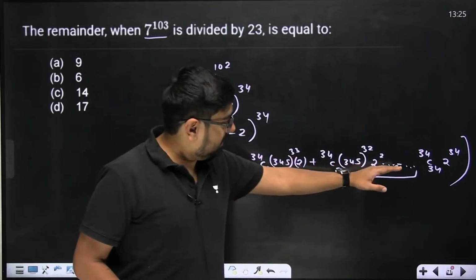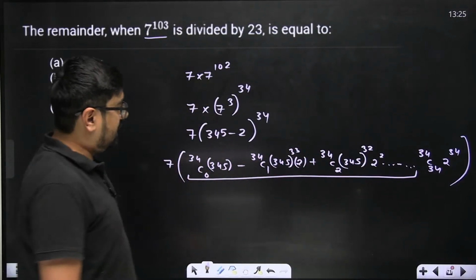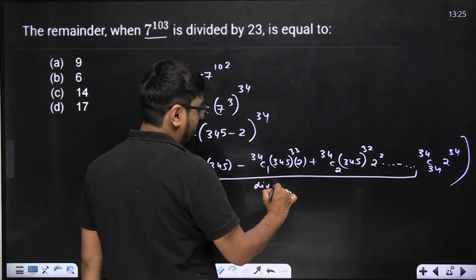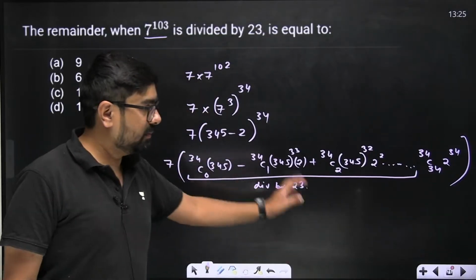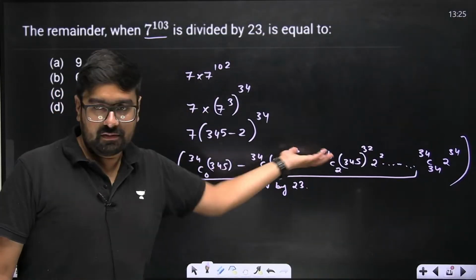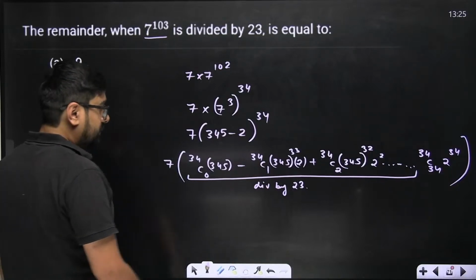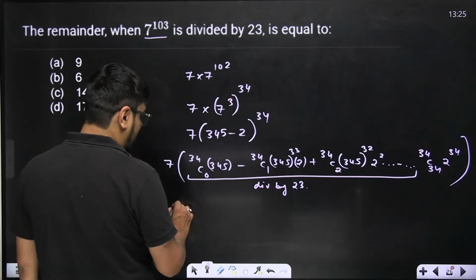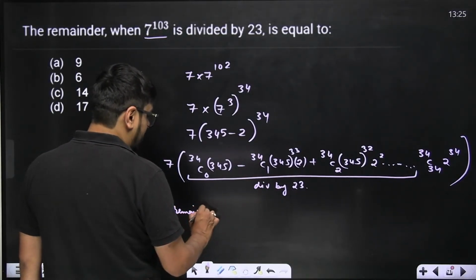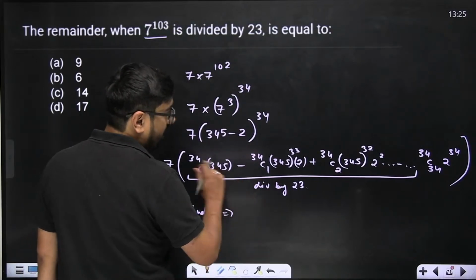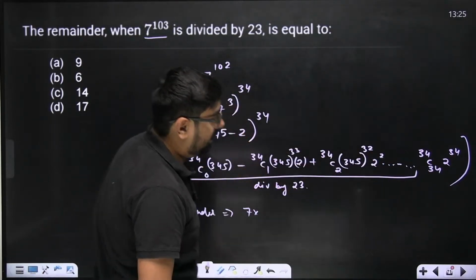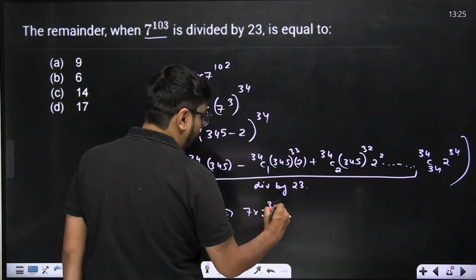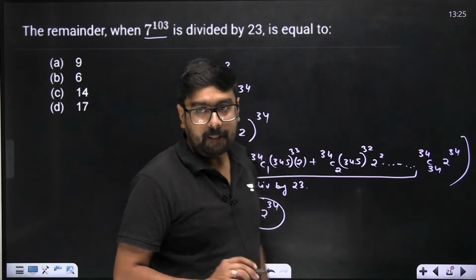So all of these are divisible by 23. 7 into these, again, not a problem. What will the remainder be? Remainder will come out as the last term, which will be multiplied with this 7. 7 multiplied with 2 to the power 34 will be our remainder right now.